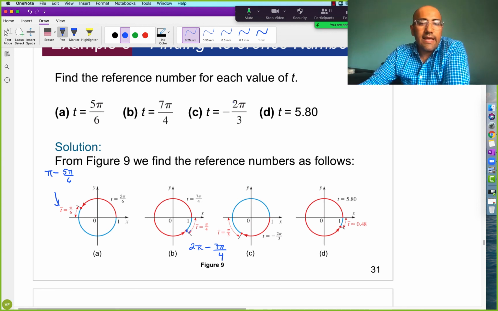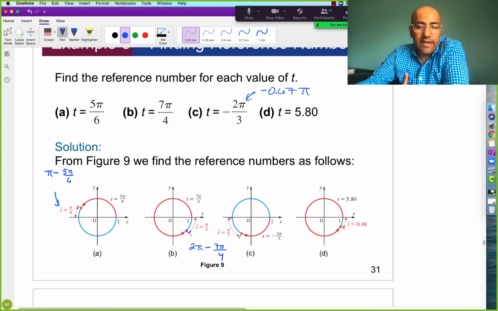Good. Negative 2 pi over 3. Again, this is 2/3 pi, which is 0.67 pi. So it's bigger than half a pi, and less than one complete pi. This is negative 0.67 pi, bigger than a half but less than one whole, and you're going in the clockwise direction. So you go in this direction, past the half a pi into the third quadrant territory.